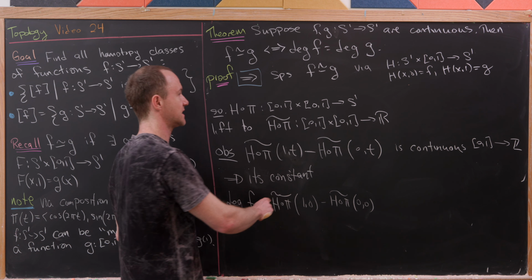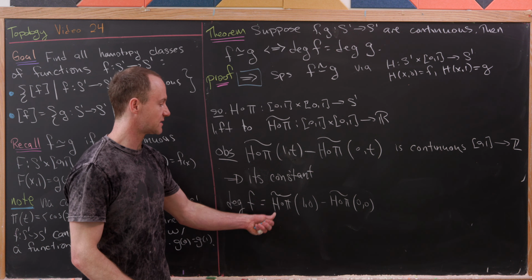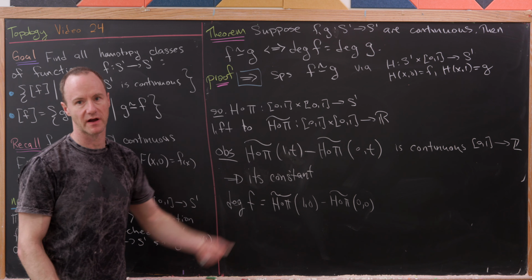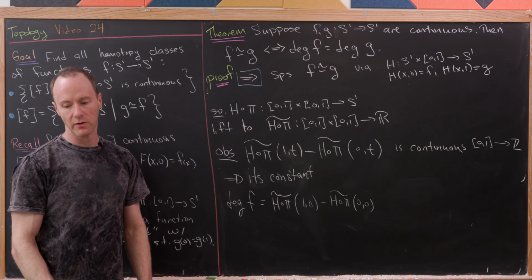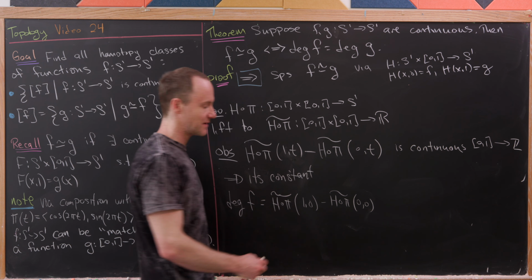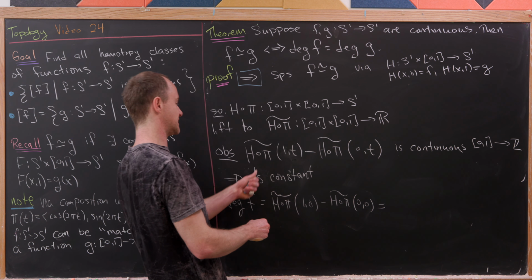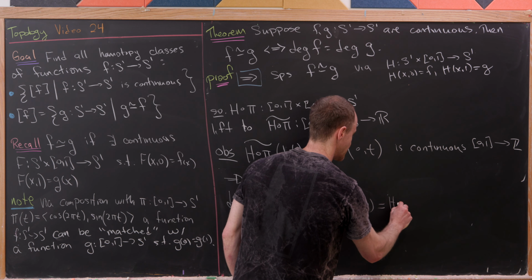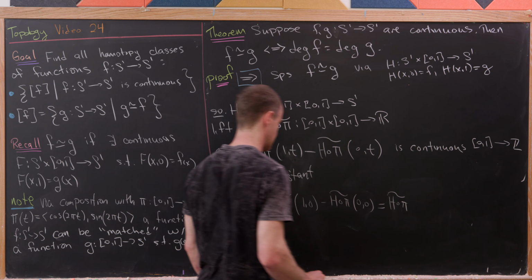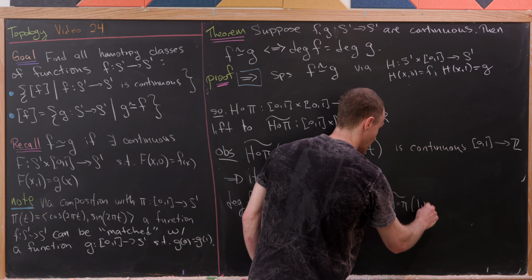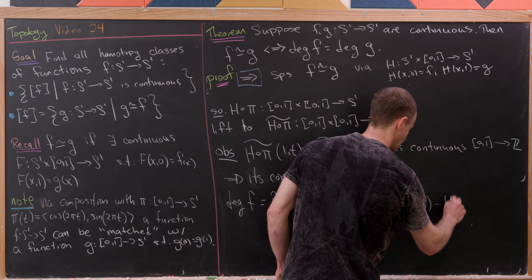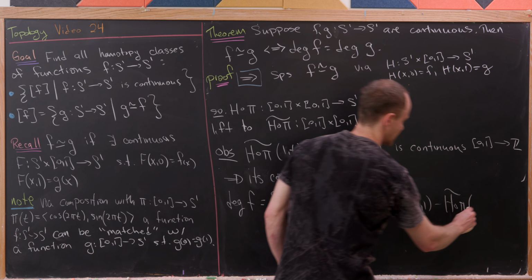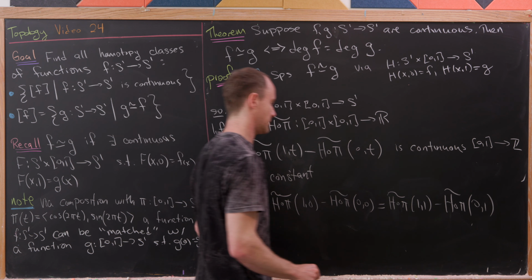So that gives us f tilde of 1 minus f tilde of 0, based off of our f over there. Okay. But then that's going to be the same thing, via this being a constant function, as h composed with pi tilde of (1, 1) minus h composed with pi tilde of (0, 1).